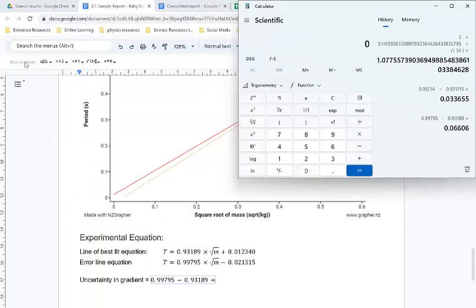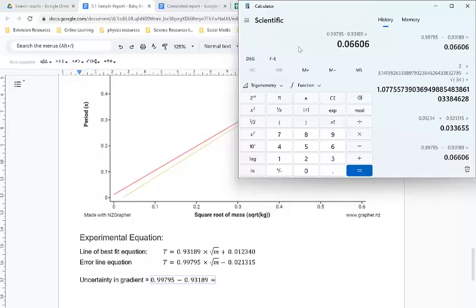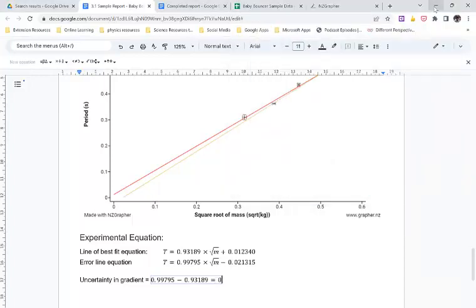We go 0.99795 minus 0.93189. So it's 0.06606. And then we can write \approx, because we're going to round this. And we want to round it to just one significant figure. So we want to keep those two. In other words, it's going to become 0.07. Okay, that's our gradient uncertainty.